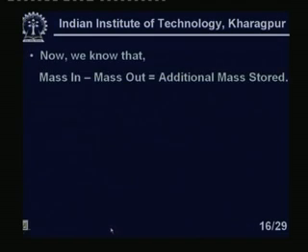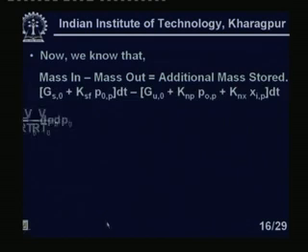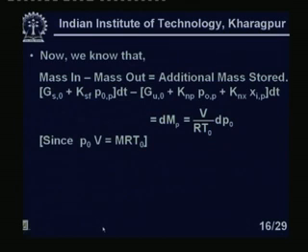Now, we know that mass in minus mass out is the additional mass stored, right. So, (GS0 plus KSF·P0P) dt minus (GU0 plus KNP·P0P plus KNX·XiP) dt equals dMP, which I can write as V by RT0 multiplied by dP0, since P0V equals MRT0.